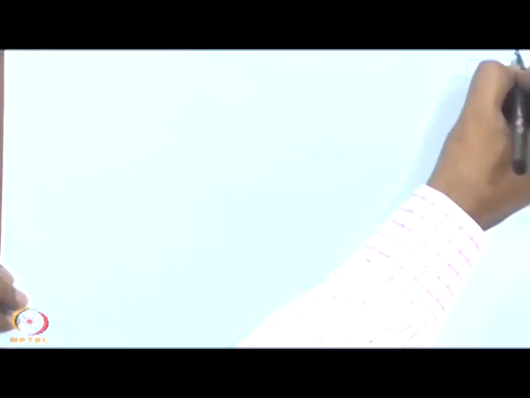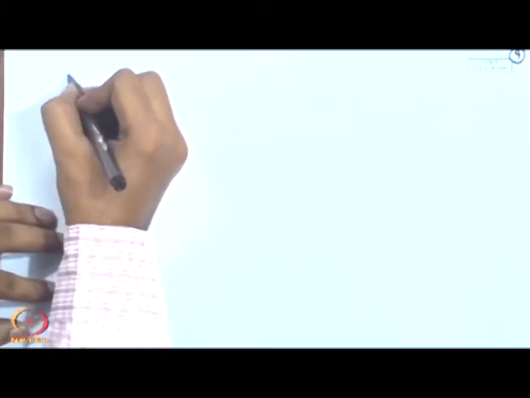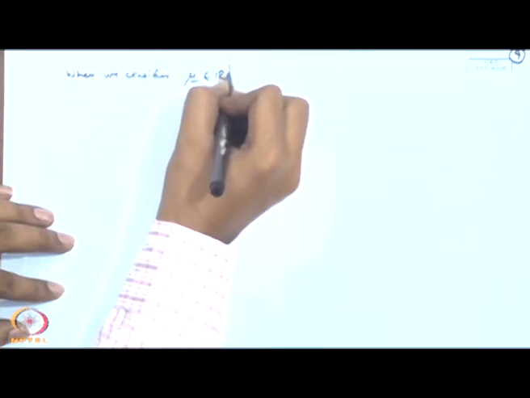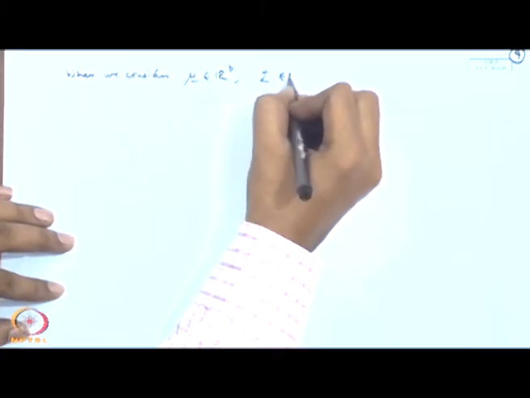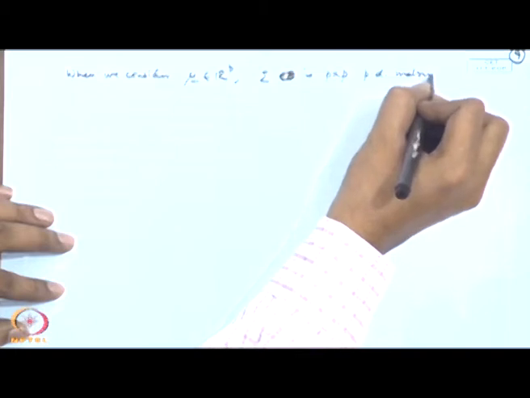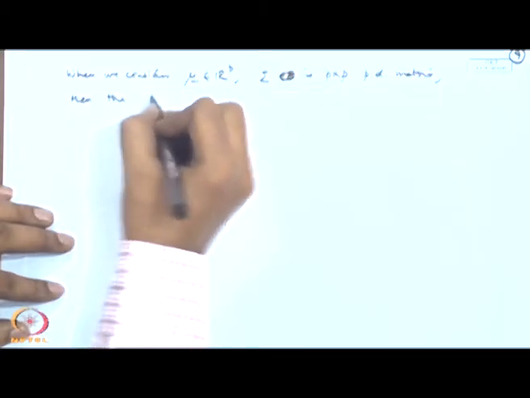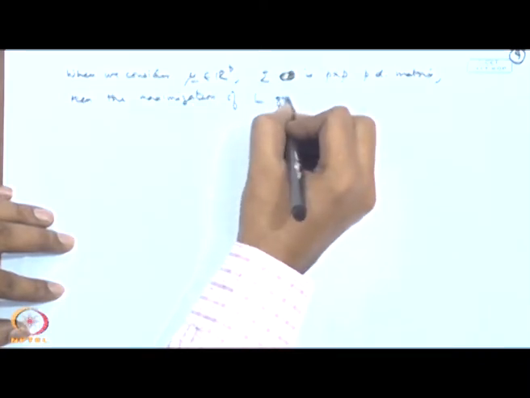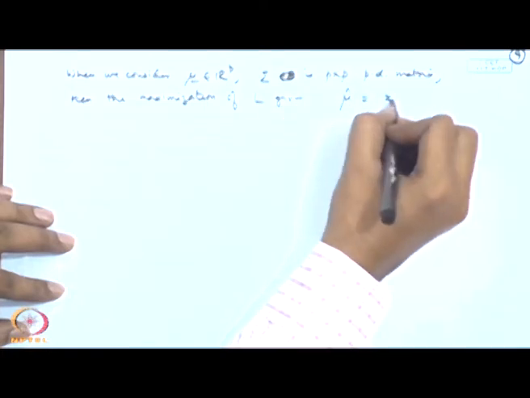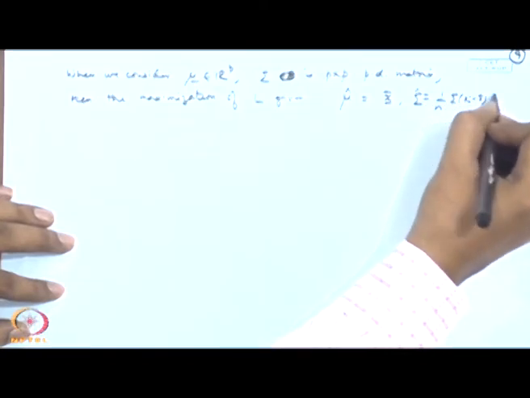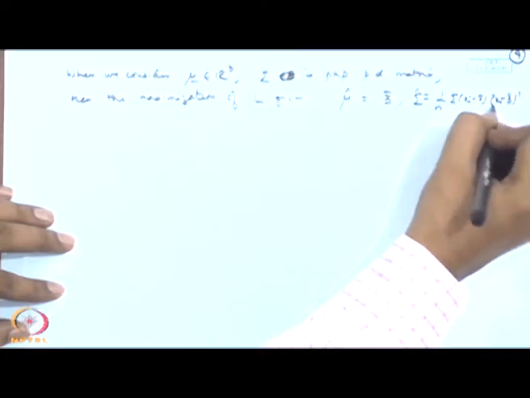Now, under the full space, when we consider mu belonging to R^p and Sigma a p by p positive definite matrix, then the maximization of L gives mu hat equal to x bar and Sigma hat equal to 1 by n sum of (x_i minus x bar)(x_i minus x bar) prime.